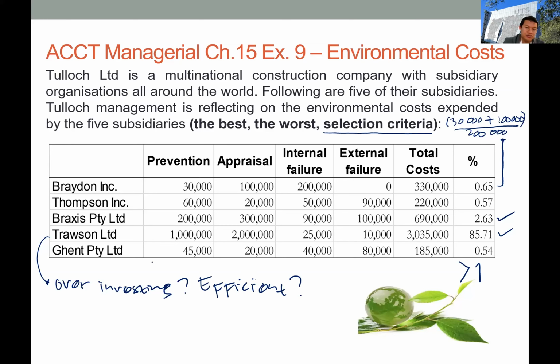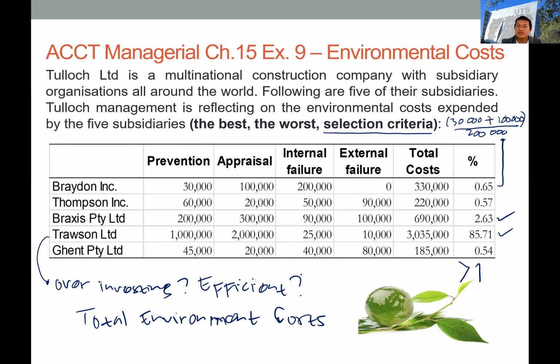In order to evaluate this issue, the company may also use the total environmental costs as part of their evaluation criteria. The company with the smallest environmental cost should be selected as the best performing subsidiary, right?